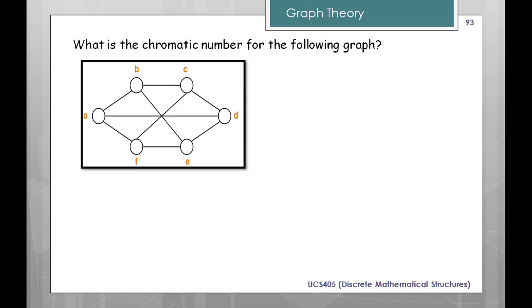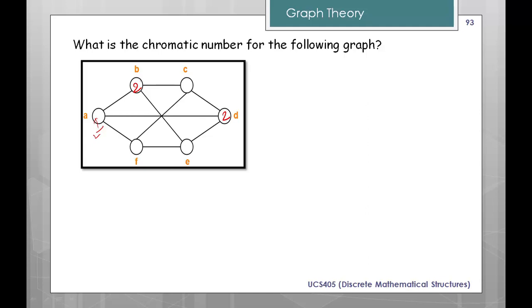What is the chromatic number for the following graph? A is adjacent to which nodes? B, F and D. So if we assign one color to A, we have to assign the second color to these nodes. Now if we assign the first color to this other node, is that okay? Yes, because the neighbors all have the second color.